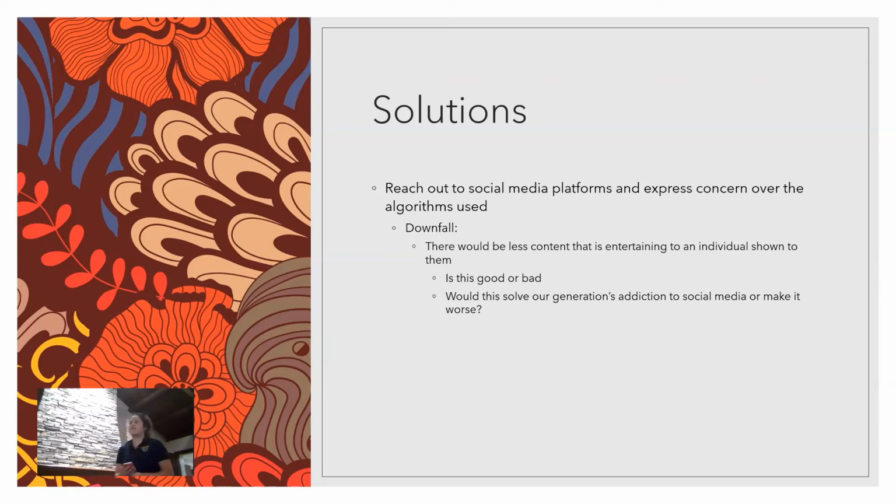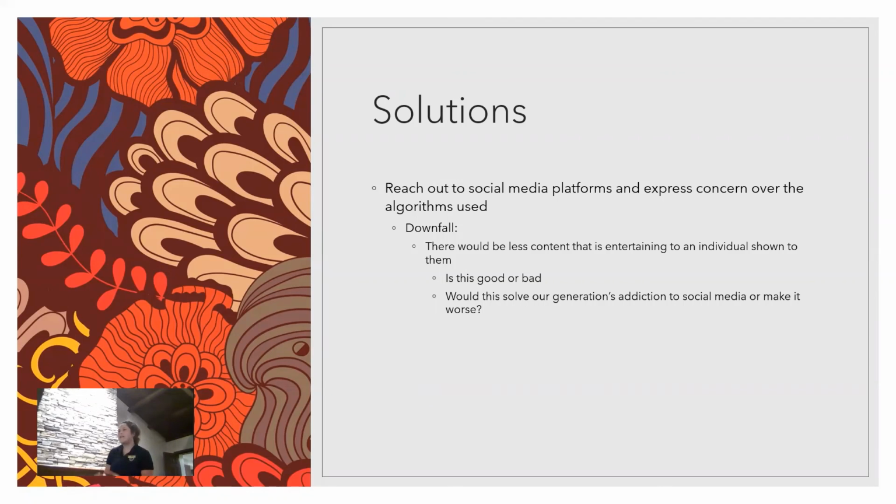If social media platforms were to get rid of an algorithm, that means that there would be less content that is catered toward the individual, and there would be more random content. Now, is this a good thing or a bad thing? Would this solve the generation's problem with social media, or would it make it worse?